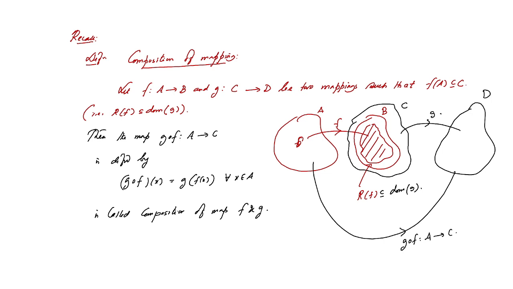Now you are given two mappings and you need to find the composition. The question is how to find the composition of these two mappings. So I'll give an example. Let f be from R to R and g also a map from R to R. Here you will see the range of f must be a subset of the domain of g, so we can define g composed f.